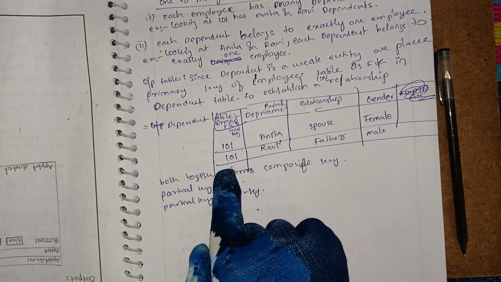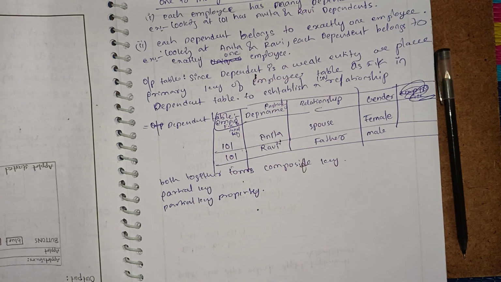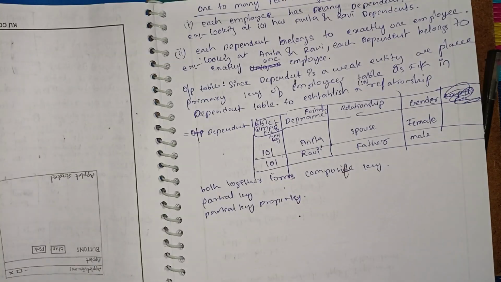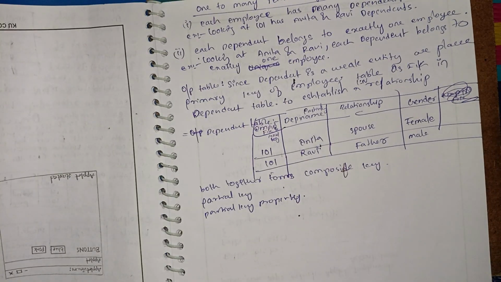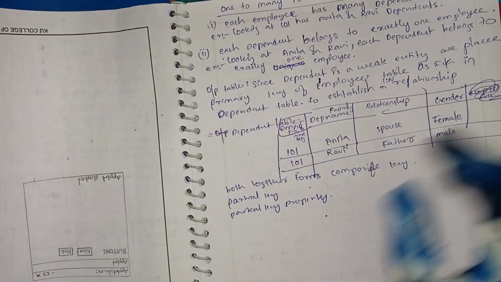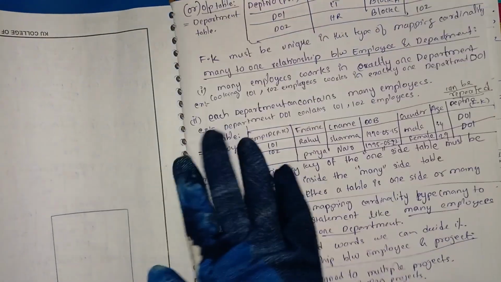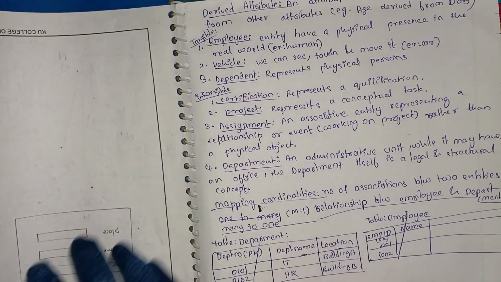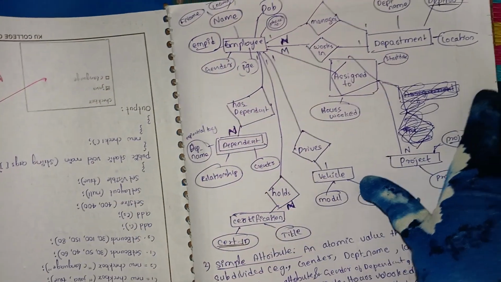So that's why it reduces data redundancy also. So all mapping cardinalities are completed in this diagram.